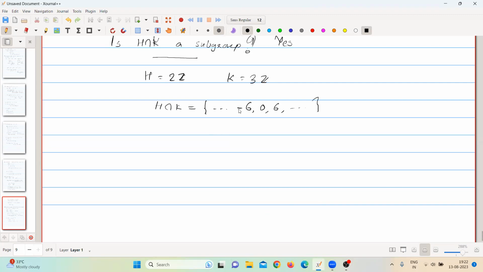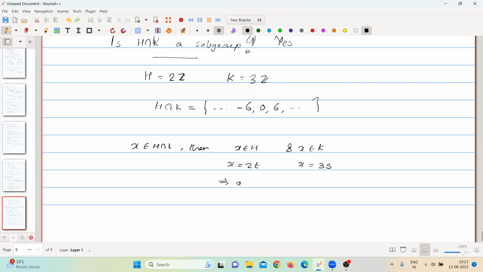So whatever element belongs to the intersection, say if X belongs to H intersection K, then X belongs to H and X belongs to K, right? So X should be a multiple of 2, some 2T, and X should be a multiple of 3, some 3S. So what does that mean?